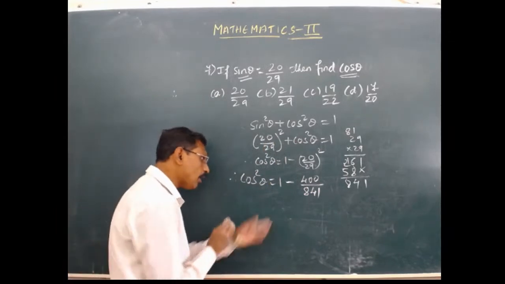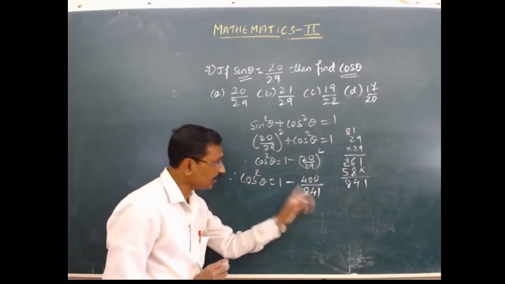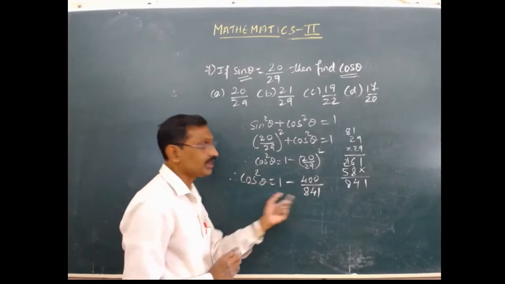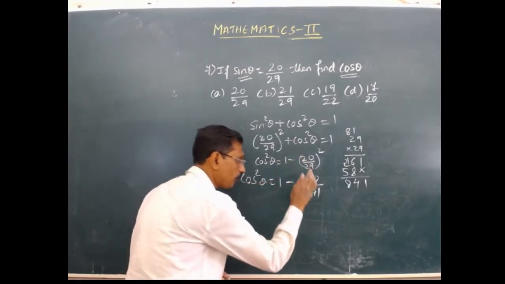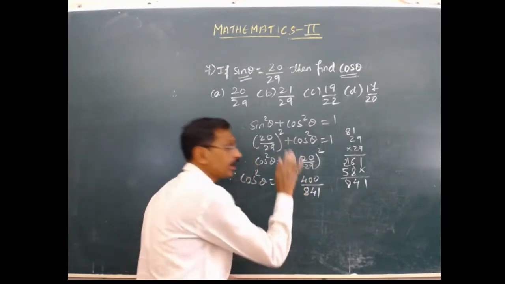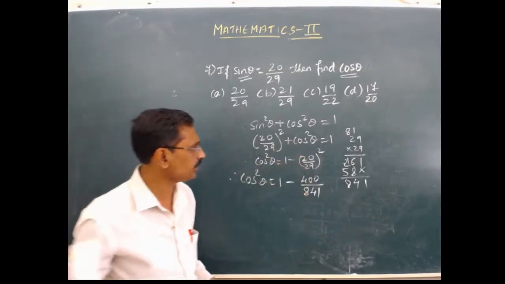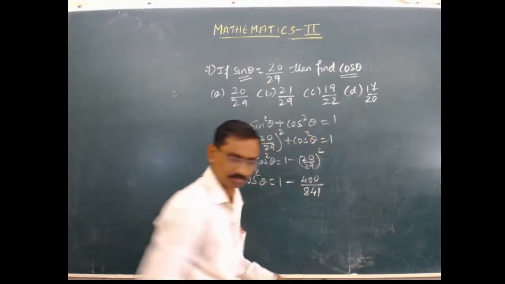Now what is the next step? Here we have to find the LCM, that is the next step. We have 1 minus 400 upon 841. Let us find the LCM and see.